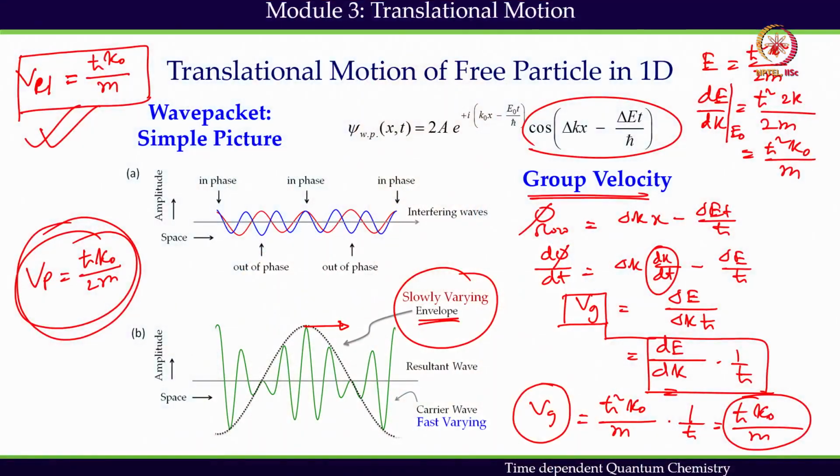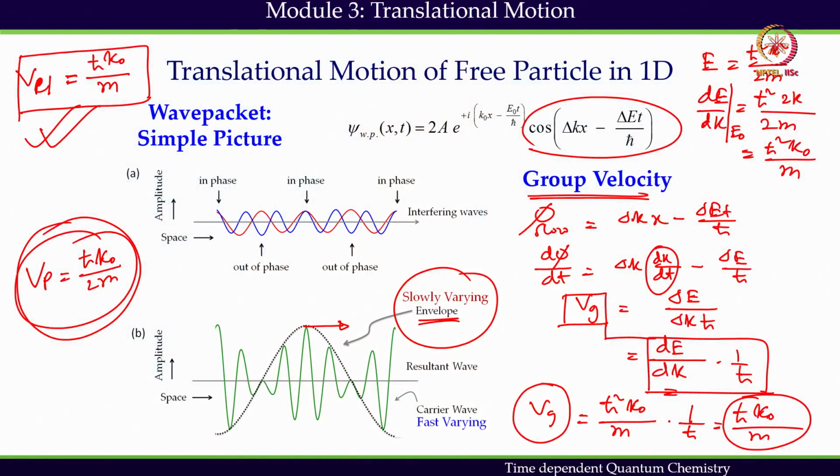This carrier wave is propagating at a much faster velocity, and that is why, when it is propagating, this tip and the tip of the envelope function are changing with respect to each other. So, that is the manifestation, that is the meaning of two different velocities of a particle in quantum mechanics.